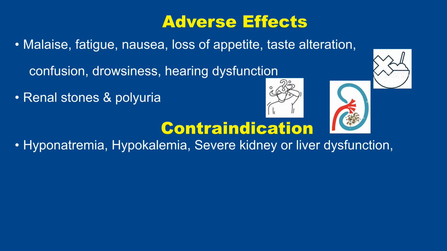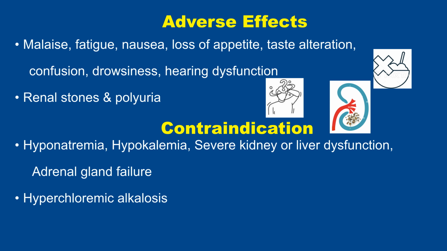This drug is strictly contraindicated in hyponatremia, hypokalemia, severe kidney or liver dysfunction as they precipitate renal stones, and adrenal gland failure. Also, they are contraindicated in hyperchloremic acidosis. Due to their teratogenic effect, they are also strictly contraindicated in pregnancy.